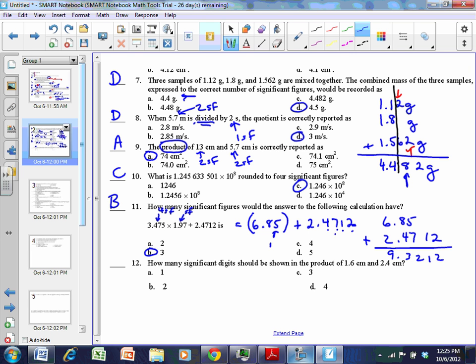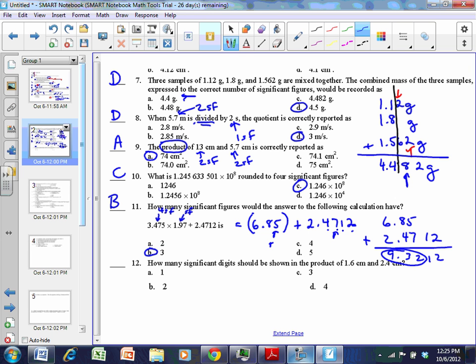You'd still have to report it to the hundredths place, so you'd have like 10.3 something, whatever, if you were adding 3.4712. So that would have been a better example, which could have shown a common mistake. All right, so 3 sig figs, the correct answer would be 9.32.